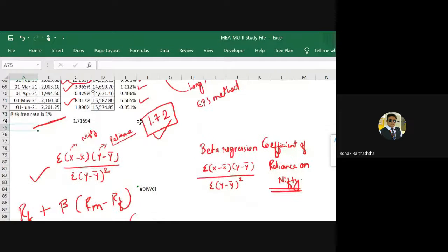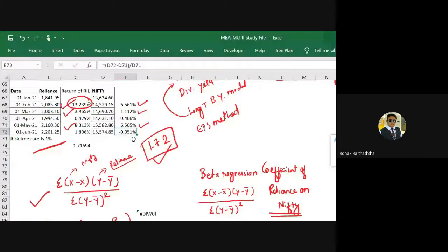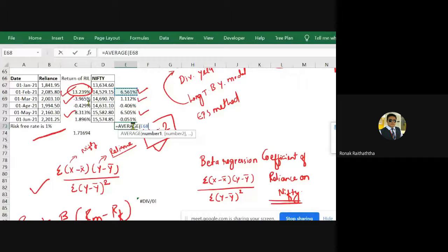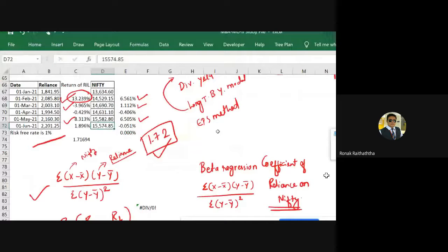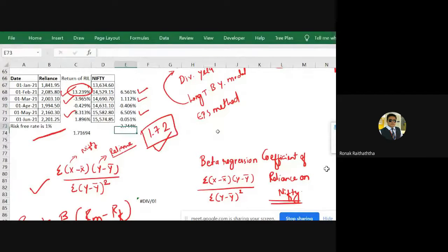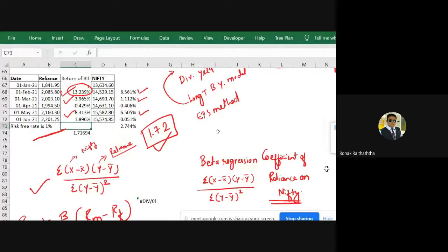Well, let's go to the average return we have got from Reliance as well as the Nifty. So I'm finding the average of it. So average of Nifty as well I have got. That is 2.744% from the data that is given to us.